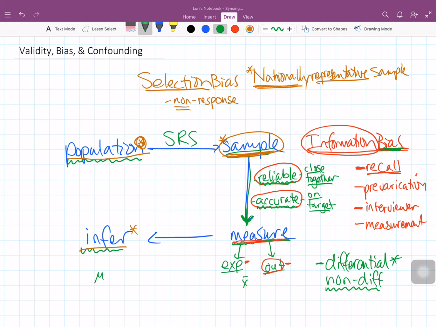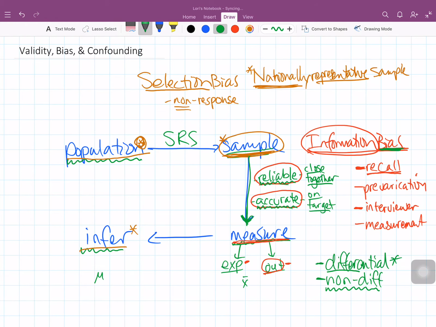It's calibrated the same, whether you have people in the control group or the cases group, and it weighs everybody 10% lighter or 10 pounds lighter than they actually are. That's called non-differential bias because the bias is applied the same to everybody in the study. It's not different. Differential meaning different. So that can be a really important feature when we're thinking about any of these biases.